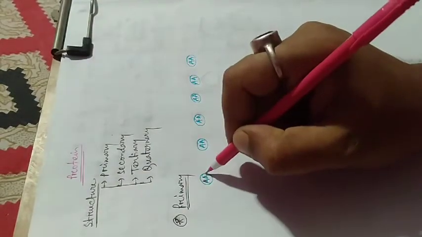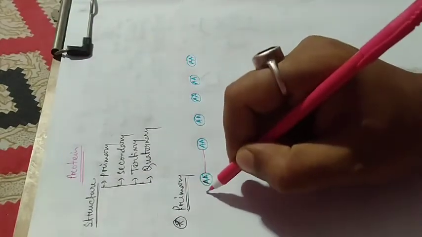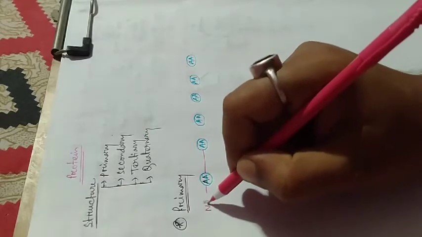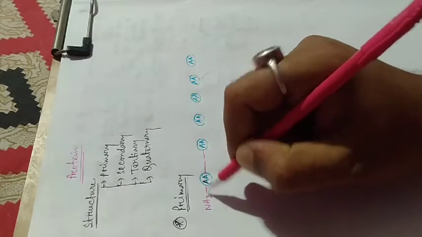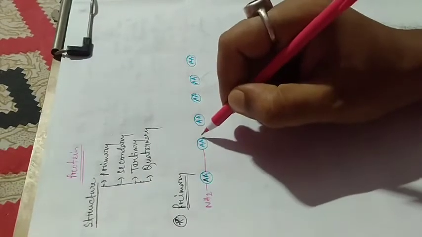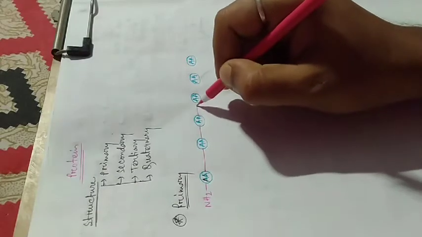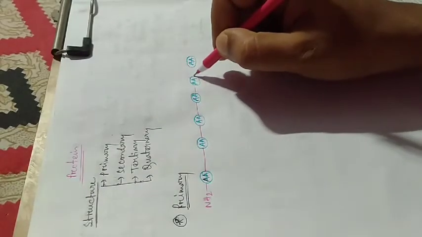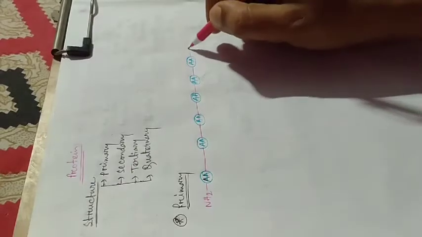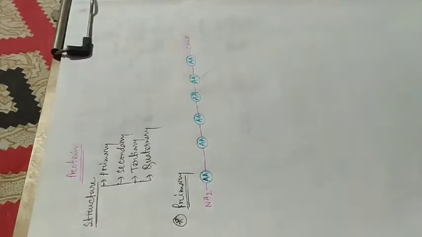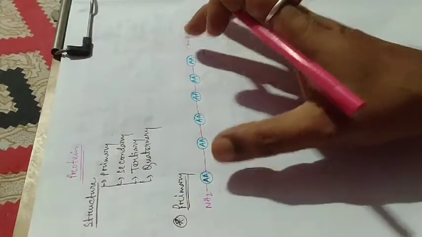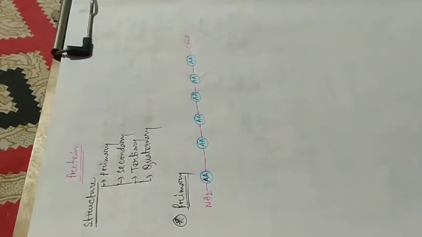A peptide bond occurs between the NH2 group and the carboxyl group. Okay, that is the primary structure of a protein.